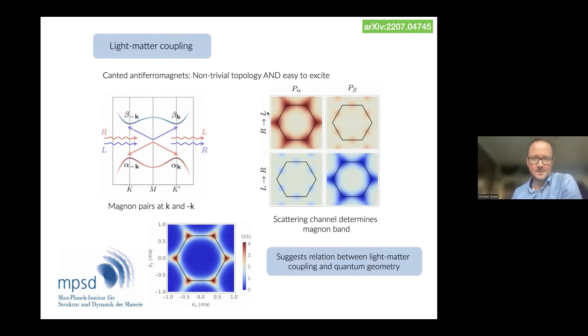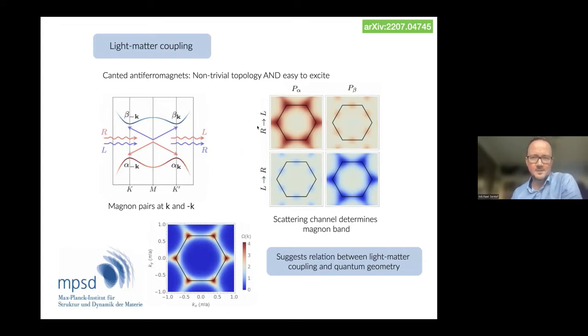The probabilities for an incident photon of right-handed polarization that scatters into a left-handed one, and vice versa. So the upper panel is R to L, the lower panel is L to R. Red and blue encode the different bands of the magnons.